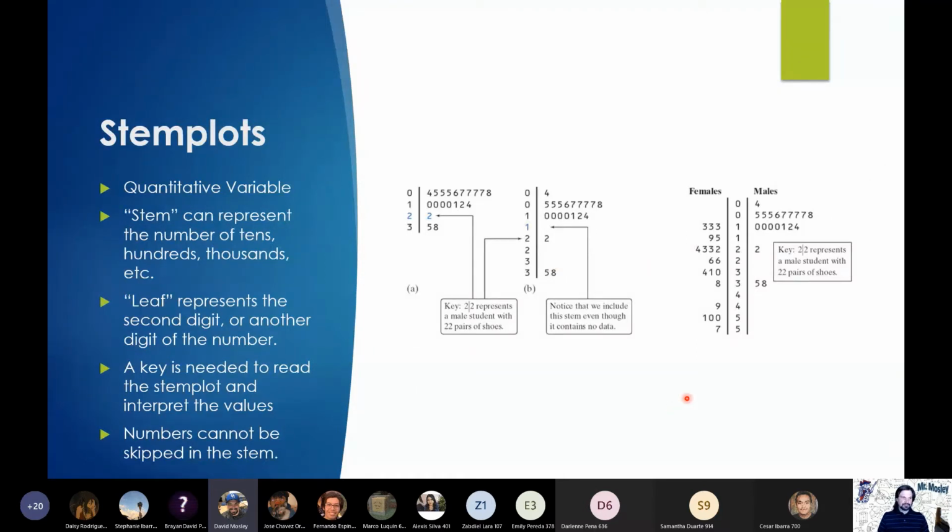Okay. So anything I can clarify about the stem plots?